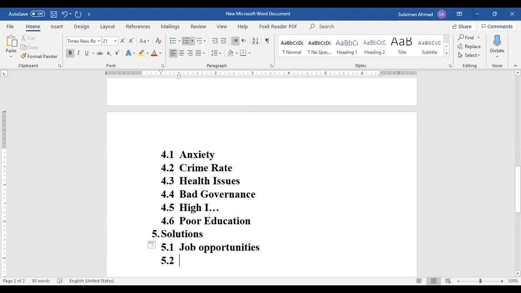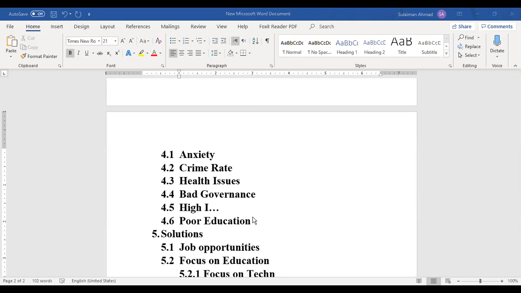Increasing the literacy rate, a focus on education. Here we may add a sub point 5.2.1. Focus on technical education.